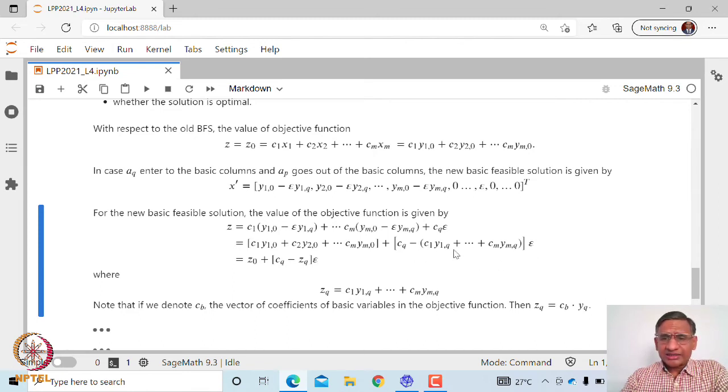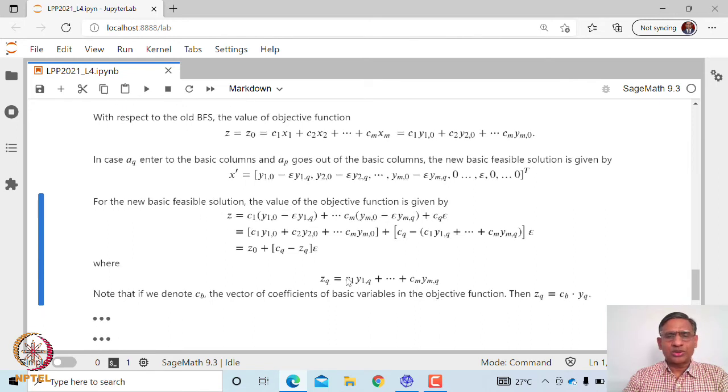Let us write C1 y1q plus dot dot dot Cm ymq as zq. Therefore z is equal to z0 plus Cq minus Zq times epsilon, where Zq is C1 y1q plus dot dot dot Cm ymq. Now if you look at this term Zq, what is it?